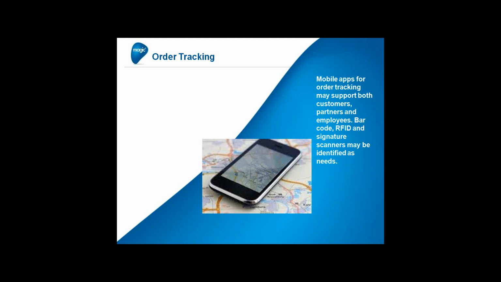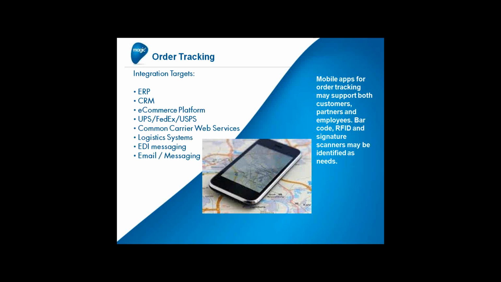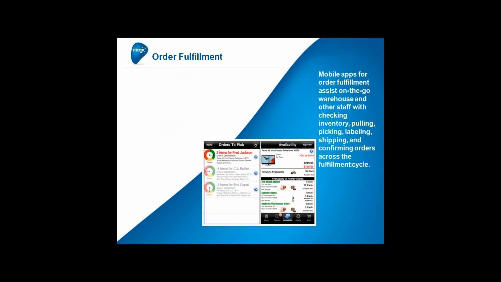So mobile apps for order tracking, of course, can support our end customers, the recipients of the goods. They can support our partners. They can support our employees. They're going to be using capabilities for things like barcode and RFID and signature capture at times, and these might be things that are identified as needs. Order tracking has its own set of integration requirements.